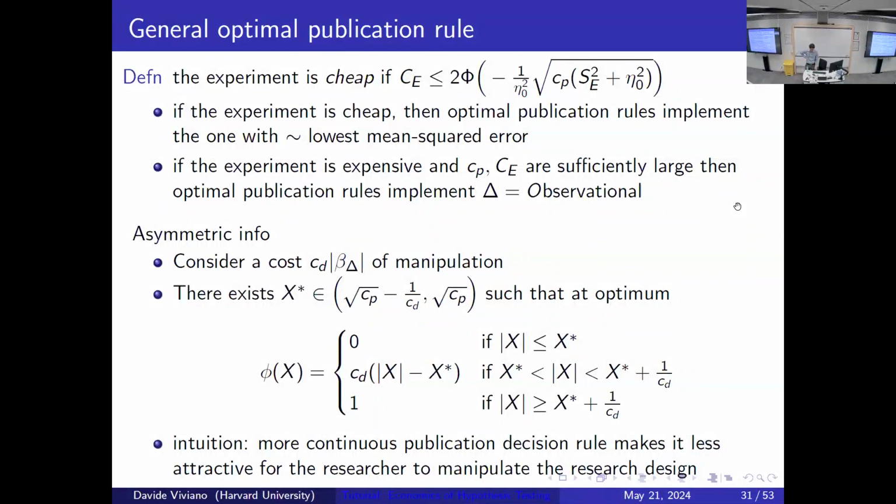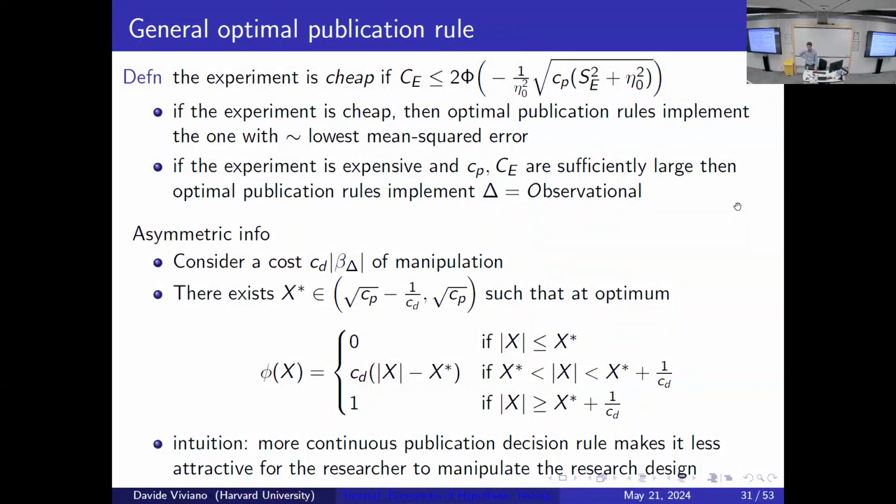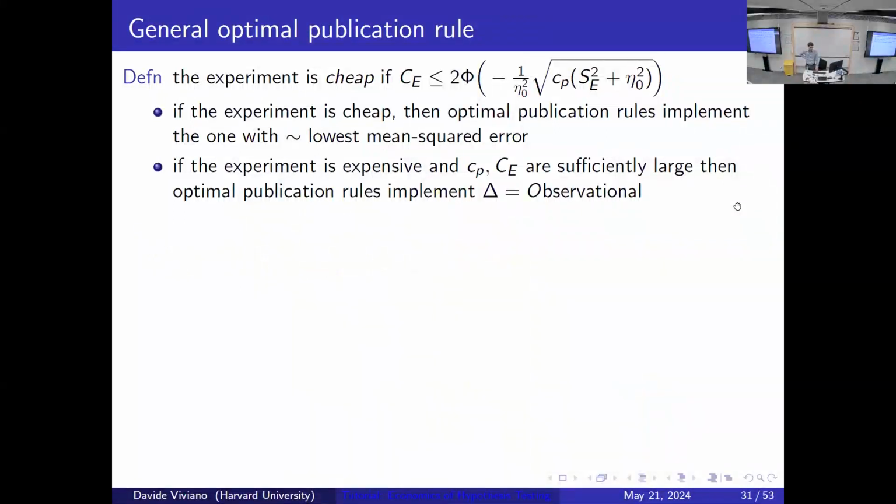Okay, sure. I'm sorry, I think I missed the definition of what is an experiment and what is an observational study. So far, the way I define it is that an experiment is a study where there's a cost, and an observational study is a study where there's no cost. In the simplest possible scenario, you can think about the researcher deciding whether to run an experiment or an observational study.